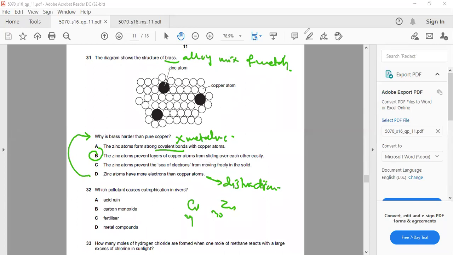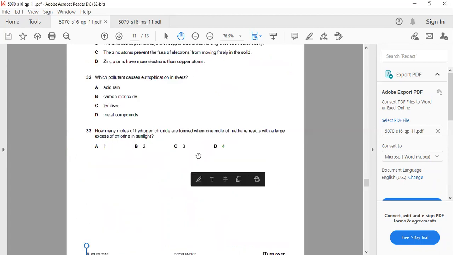Next is 32, an easier question. Which pollutant causes eutrophication in a river? Not acid rain, not carbon monoxide, fertilizer.